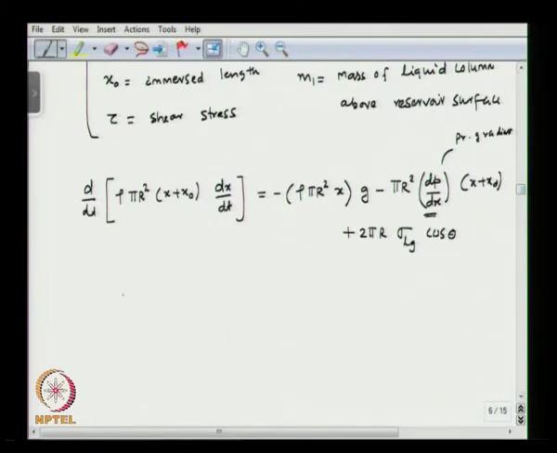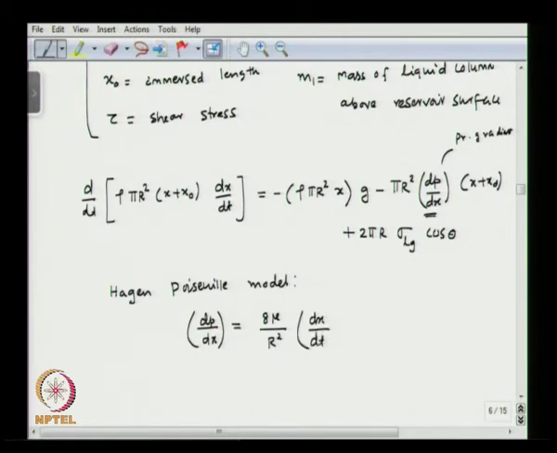Now if you use the Hagen-Poiseuille model for pressure drop, then you can write dp over dx, the pressure gradient, as 8 mu over r square into dx over dt. So this is the Hagen-Poiseuille model. So, that we can substitute in this equation now.